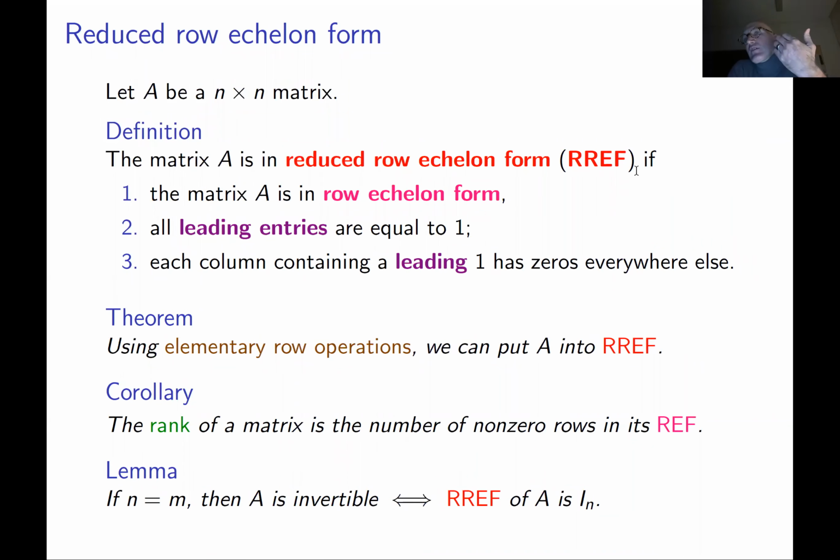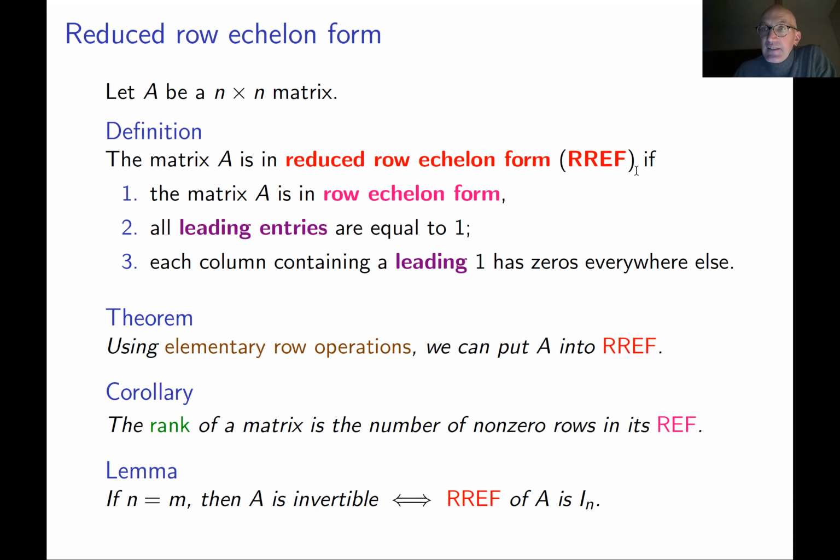So if you put your matrix, using elementary row operations, into reduced row echelon form, we preserve the kernel, and then you get a square matrix in the reduced row echelon form whose kernel is 0. In particular, it means that there are no 0 rows, because if you have a 0 row, your rank drops.